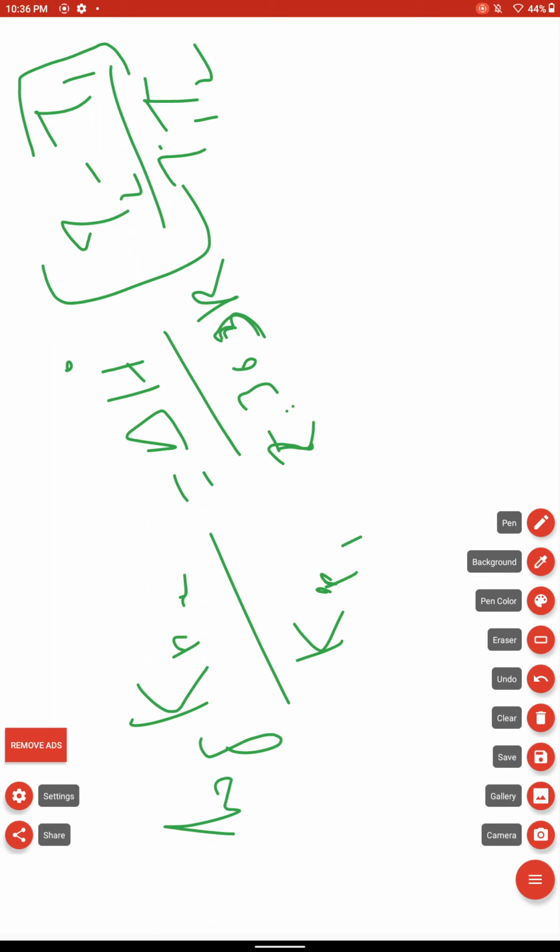Okay, that is the equation. This is the integrated form of a Van't Hoff equation.